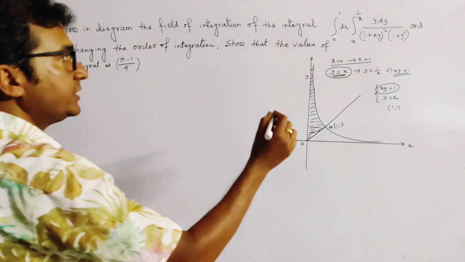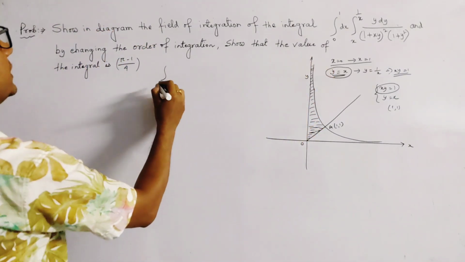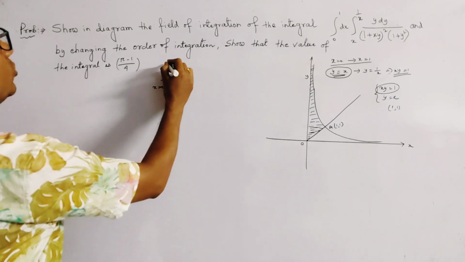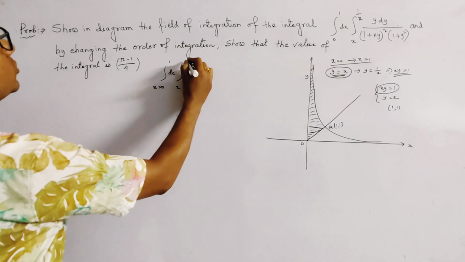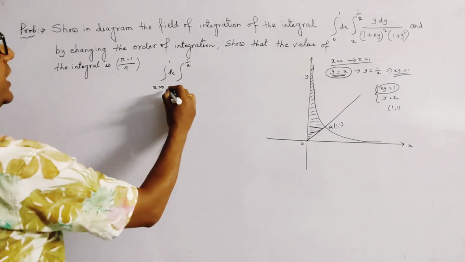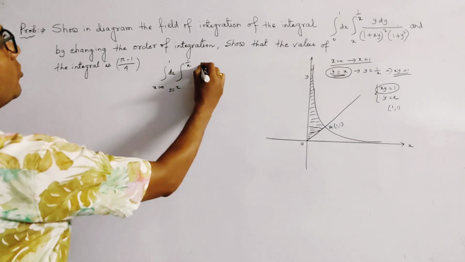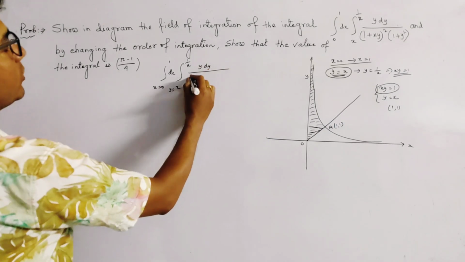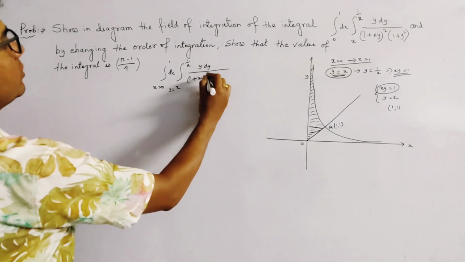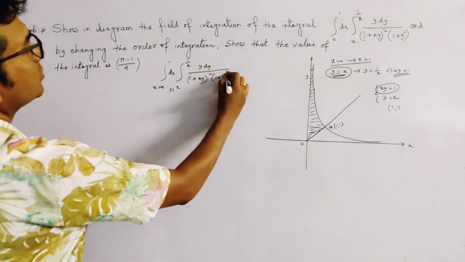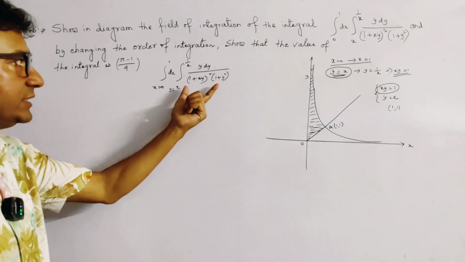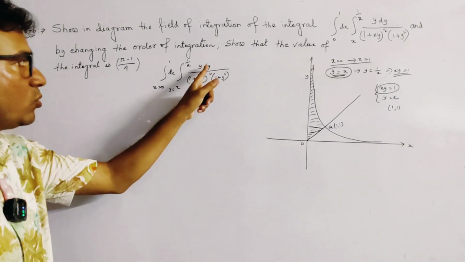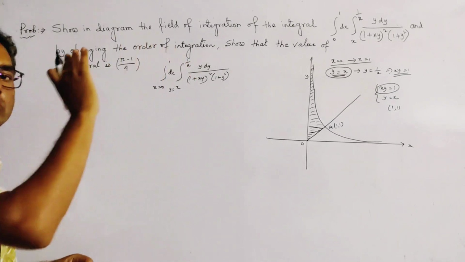And it is given that the integral x equal to 0 to 1 dx into the integral x to 1 by x of y dy by (1 plus xy) whole square into (1 plus y square). If we want to integrate this integrand with respect to y, then we cannot do this.